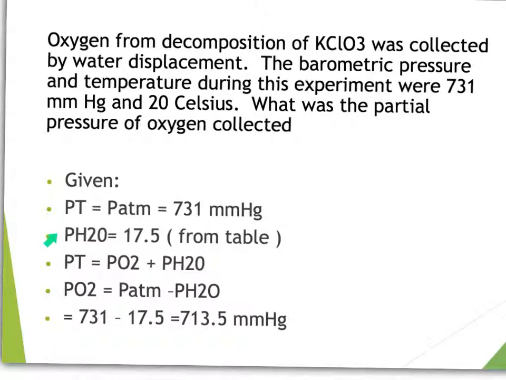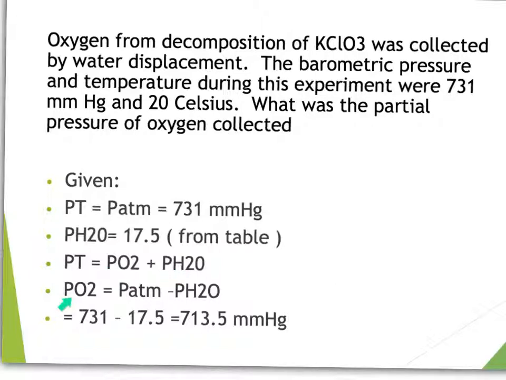So now we see that our pressure of water was 17.5. We got that from our table, and we just looked up the temperature of 20 degrees Celsius and found the vapor pressure. Our total pressure is a combination of the pressure of oxygen plus the pressure of water.